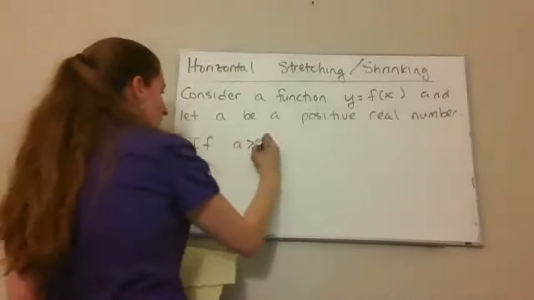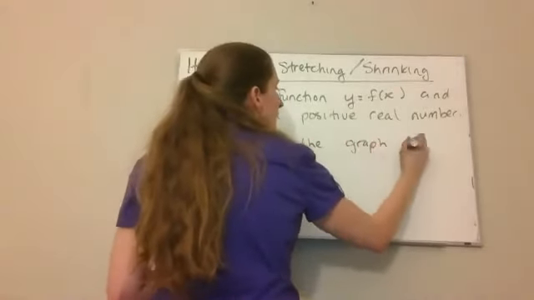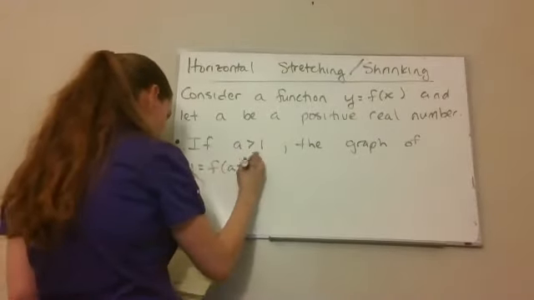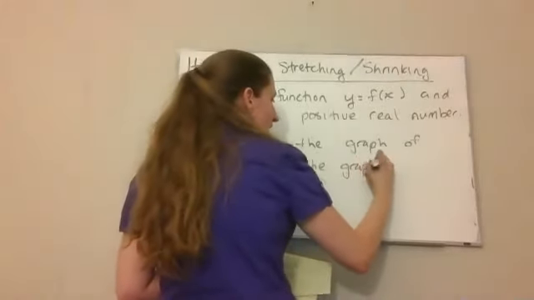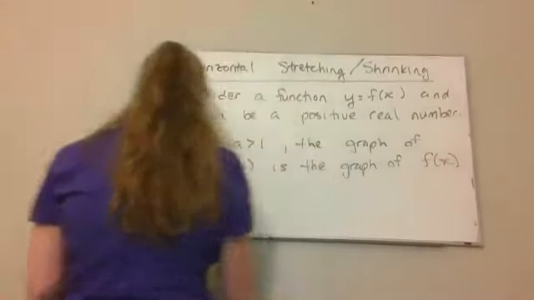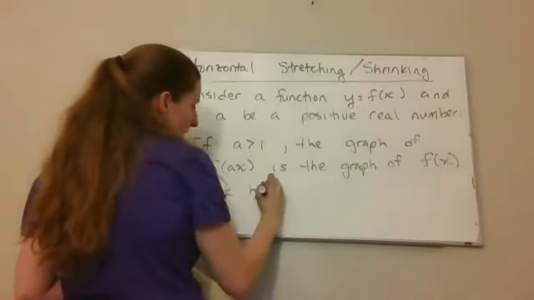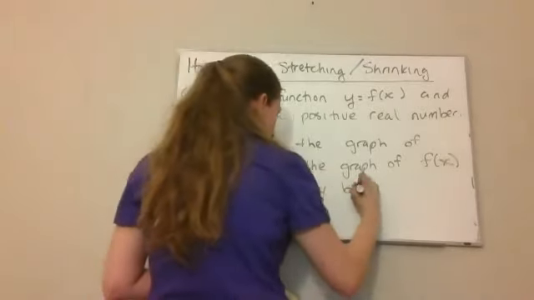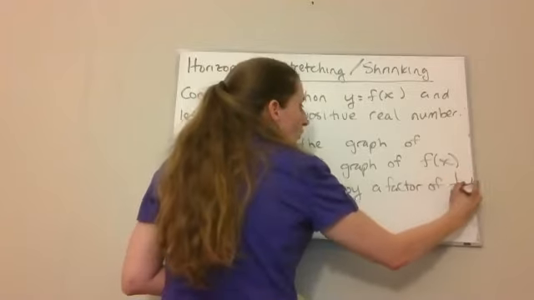If a is bigger than 1, then the graph of y equals f of ax is the graph of f of x shrunk horizontally by a factor of 1 over a.